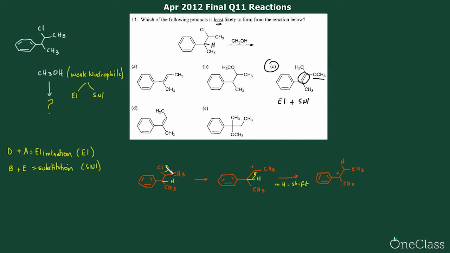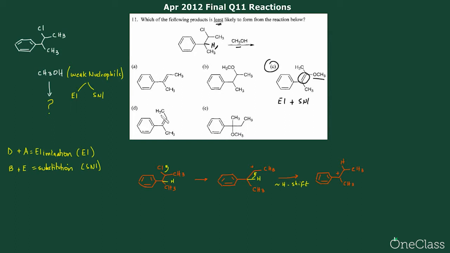Once this bond breaks, the carbon has a positive charge, and then you have a hydride shift. The hydrogen that I labeled here goes there, and the positive charge comes on this carbon, which means the alcohol, methanol, can attack this position, and that's why you have the methoxy and methyl group at the same position. So that's choice E. That's possible because you're forming a carbocation rearrangement.